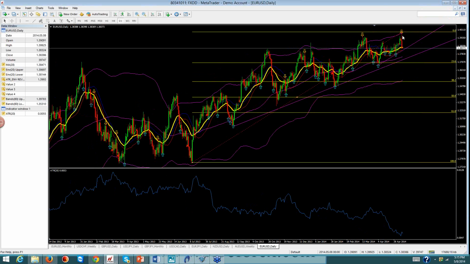Then we could see a retracement down to what looks like 137.00, or a retracement down to 135. That's quite a bit of distance here.